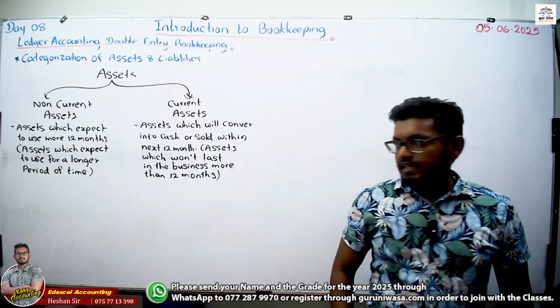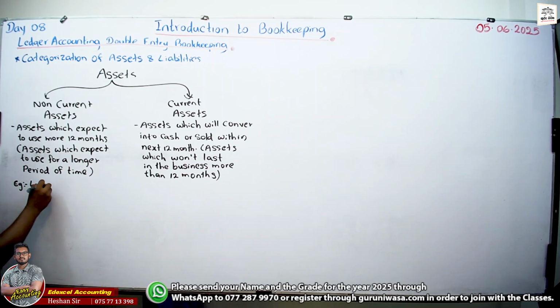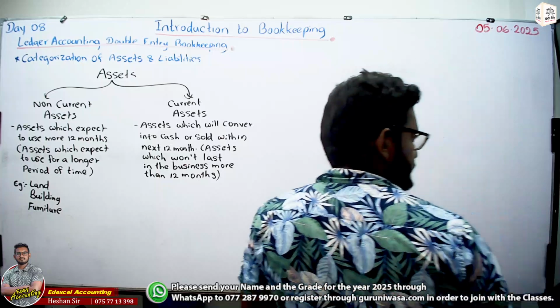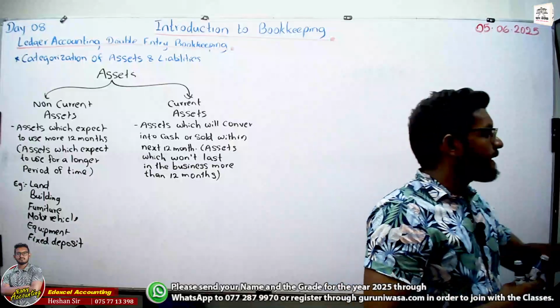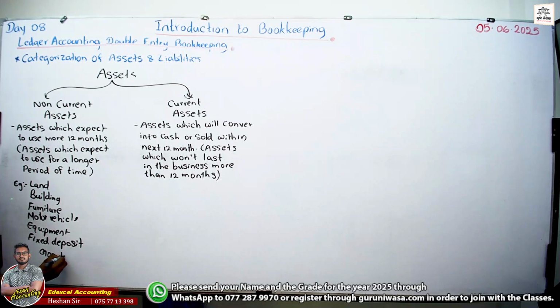Now, as examples of non-current assets: land, building, furniture, equipment, motor vehicle, fixed deposit, goodwill, investment.